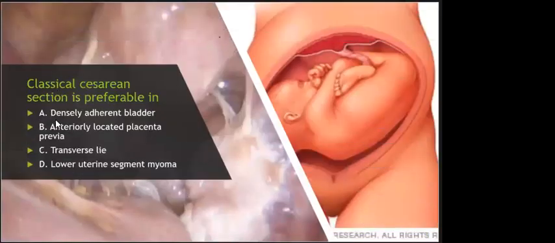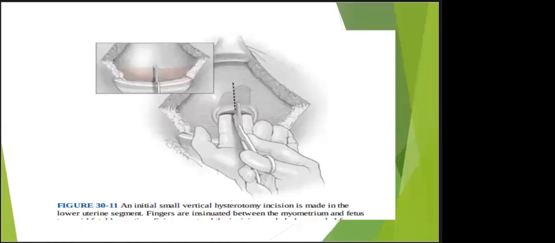Other indications: placenta previa, and the placenta is positioned anterior to the uterus. You must do classical incision. Transverse lie, it would be easier to deliver the baby if the incision is transverse. Or there is a myoma on the lower uterine segment, then you have to do classical cesarean section.